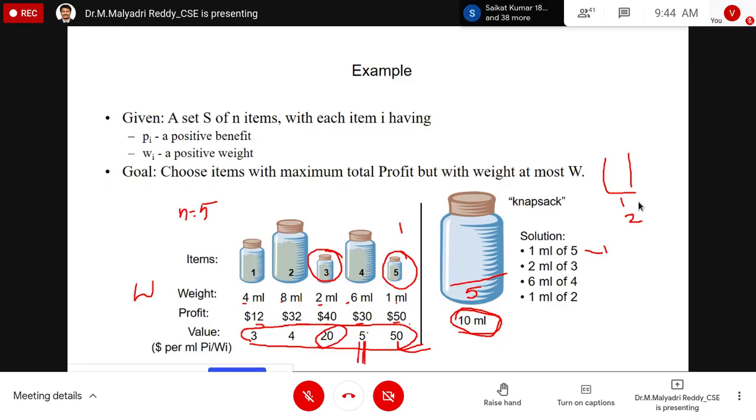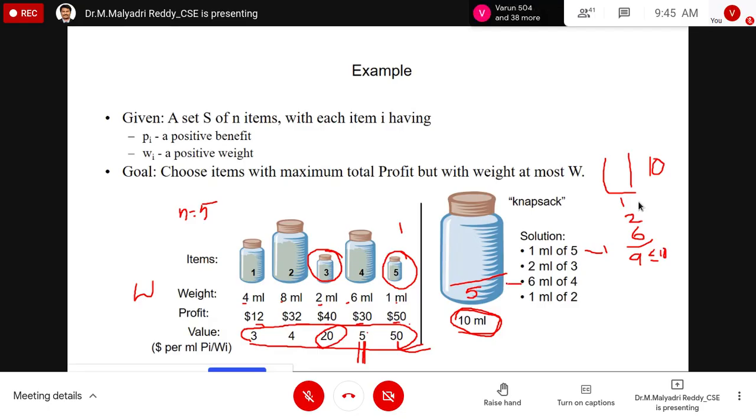Its weight is 6. Its capacity is 10. Already I inserted 1 plus 2, which is only 3. Now I am inserting 6. Total is 9. 9 is less than or equal to 10. The condition is true. That is why I insert this object.